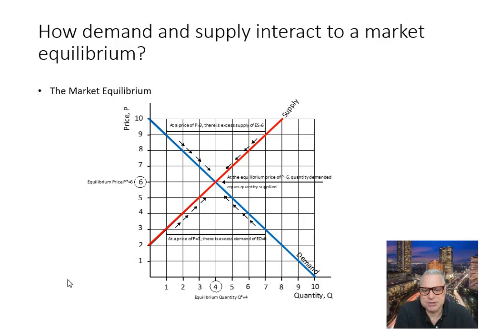So it is very natural and fully in line with incentives that whenever there is excess supply in a market, the suppliers will reduce the price, and that will incentivize more consumers to buy the good.